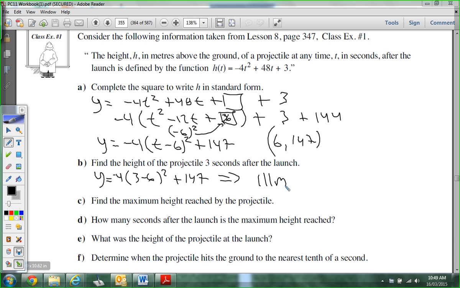That's 111 meters by the problem. Okay, we already have this. Find the max. That's 147. So y, because it's the height. When is the max reached? The 6 right there. Okay, 6 seconds.